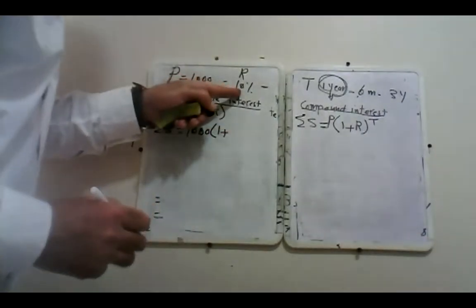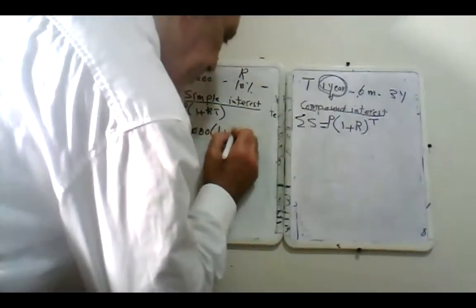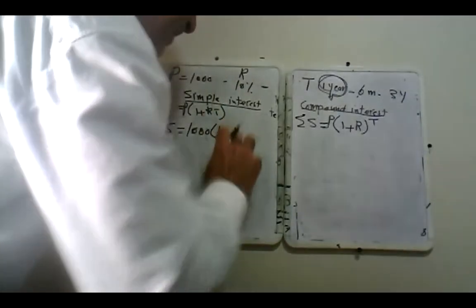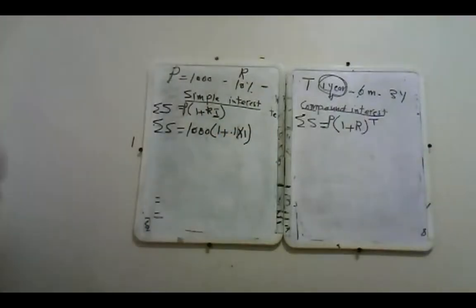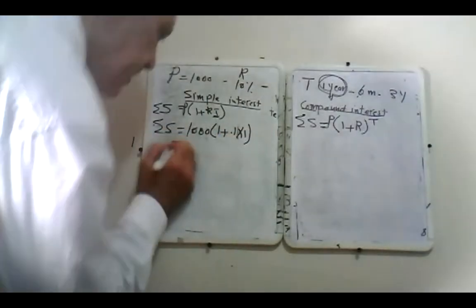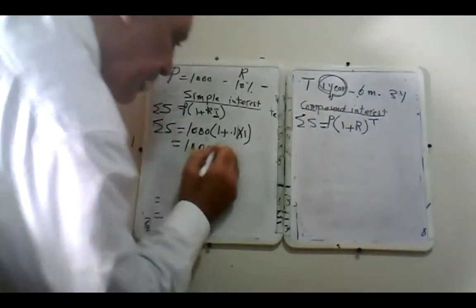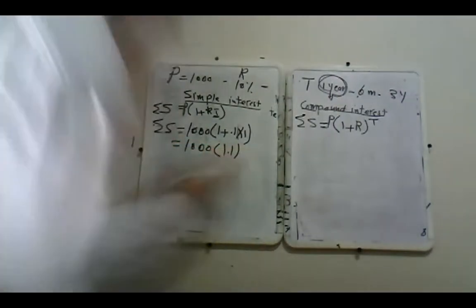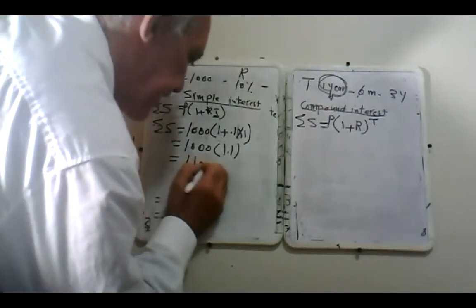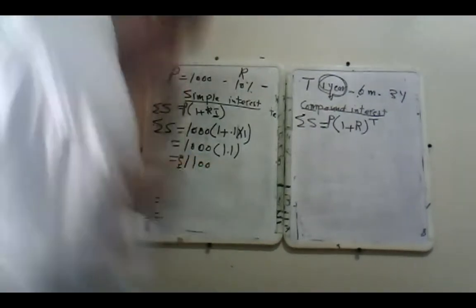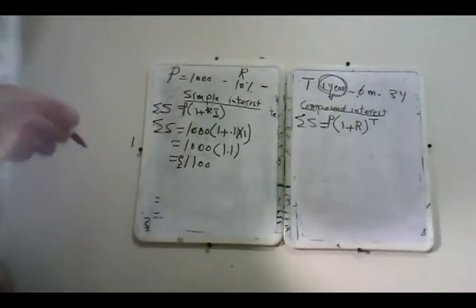The rate is 10%, 0.1, multiplied by the time. The time is 1 year. Then this equals $1,000 multiplied by 1.1, which equals $1,100.